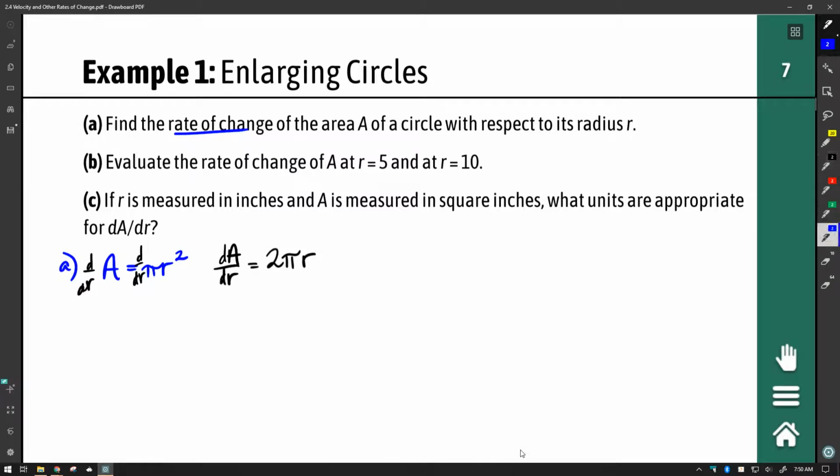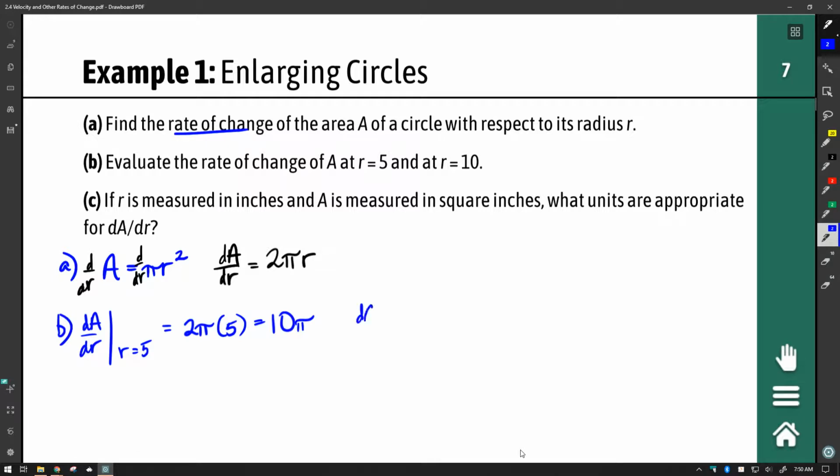Part B, we want to evaluate the rate of change of A at r equals 5 and at r equals 10. So in part B, we would like to calculate dA/dr at the moment when the radius is 5. So that's going to be 2 times pi times 5, or 10 pi. And then we want to do it when r is 10.